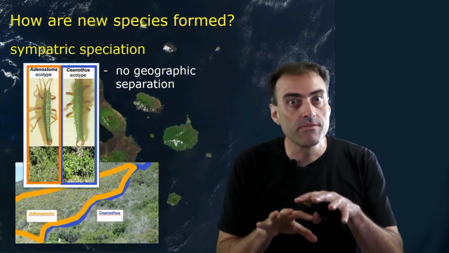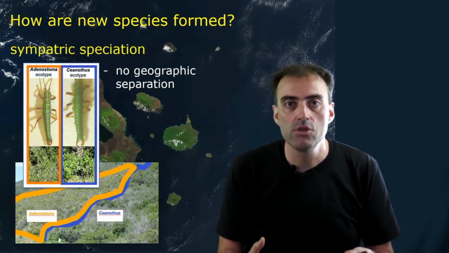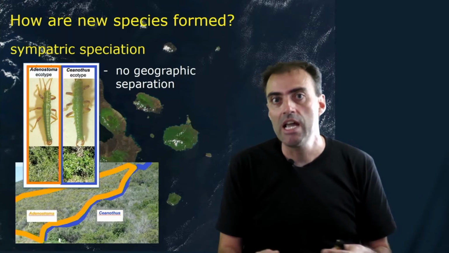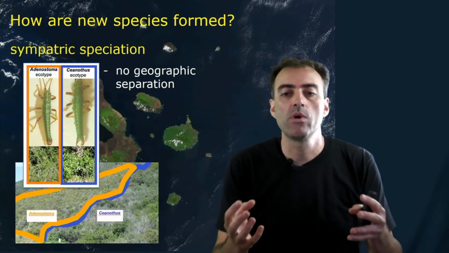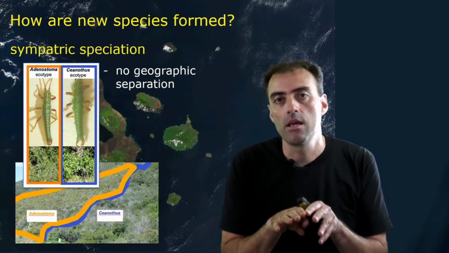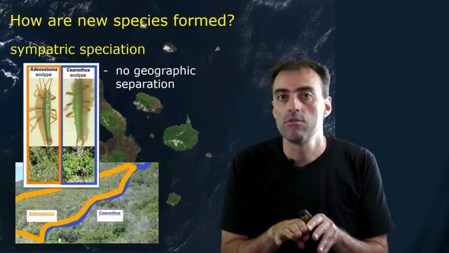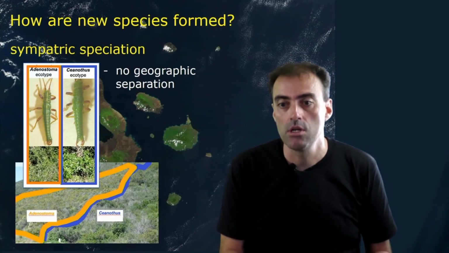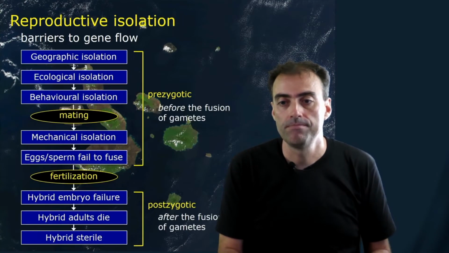But they've progressively adapted and accumulated enough changes in various other aspects of their behavior, as well as morphology and their genetics, to the point that when they bump into each other on the boundaries, they no longer interbreed and they no longer recognize each other as the same species. So this is an example of sympatric speciation, no geographic separation.